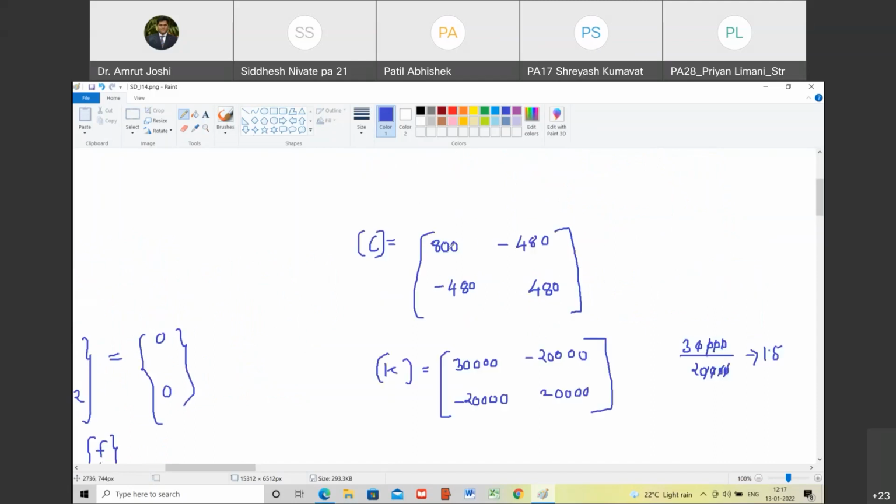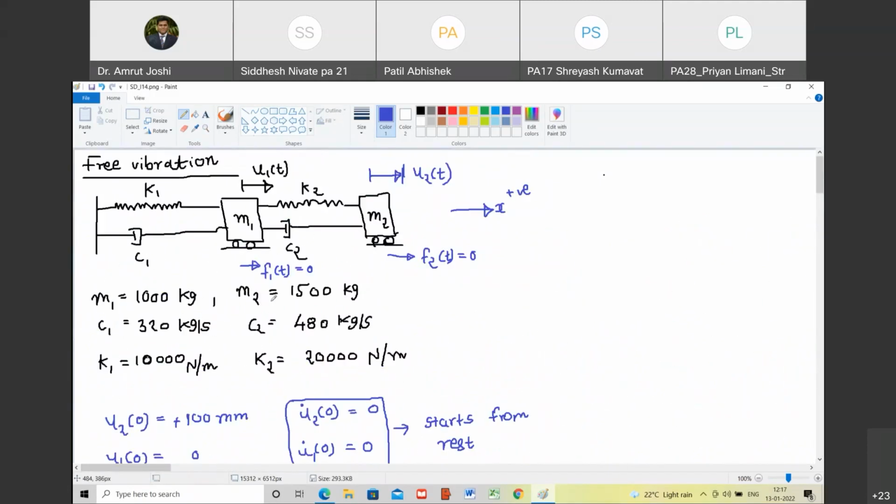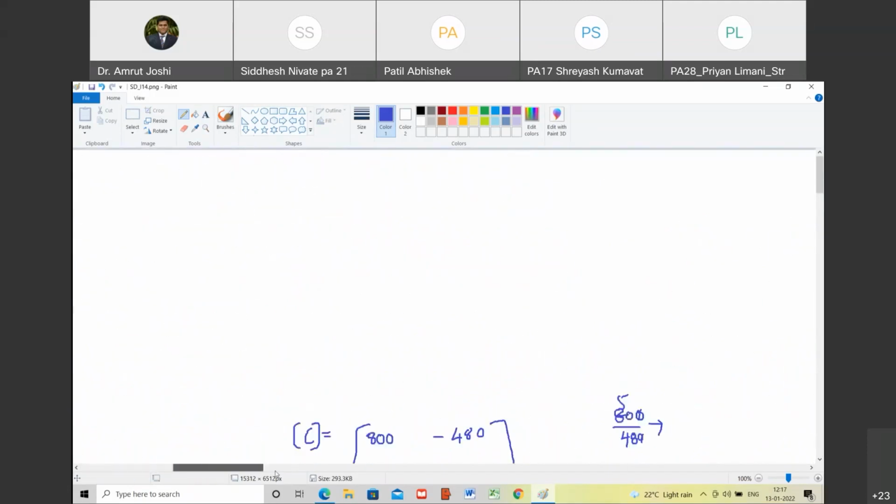Now, what is the ratio of 800 and 480? Can you tell me that? Calculate. 1.666. So therefore, we will have to alter the problem definition. So let us go back to the problem and let us maintain this ratio as 1.5.